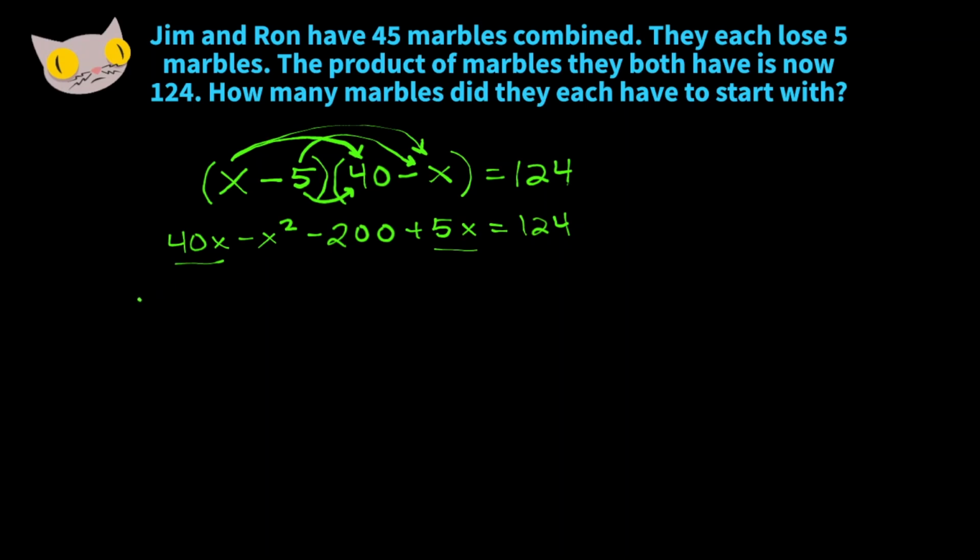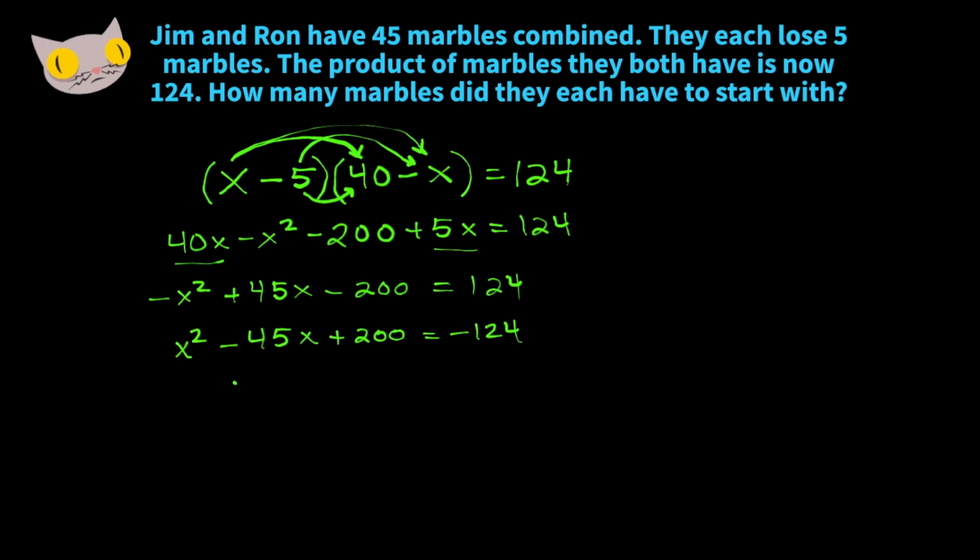So let's rearrange and rewrite this. We have negative x squared plus 45x minus 200 is equal to 124. Let's switch our signs. So we get x squared minus 45x plus 200 is equal to negative 124.